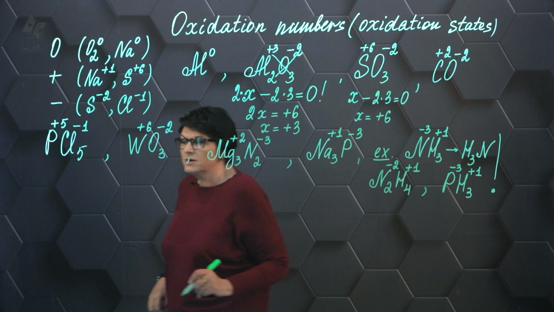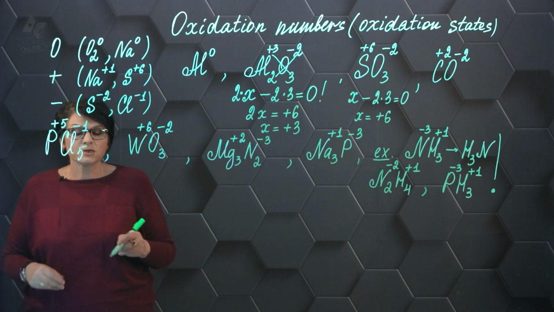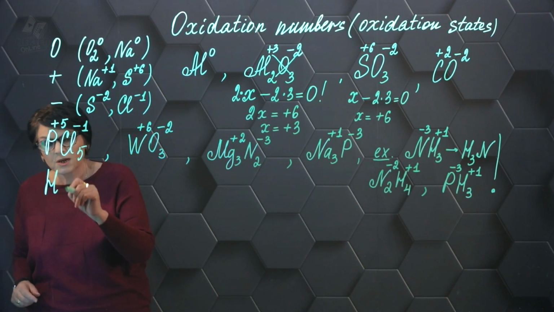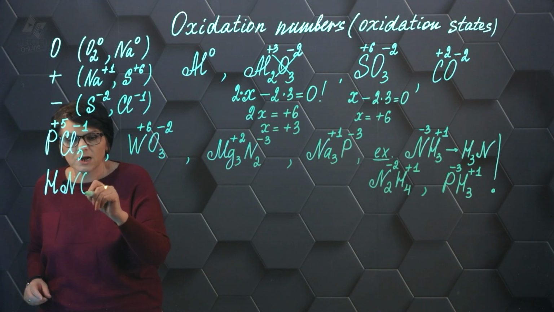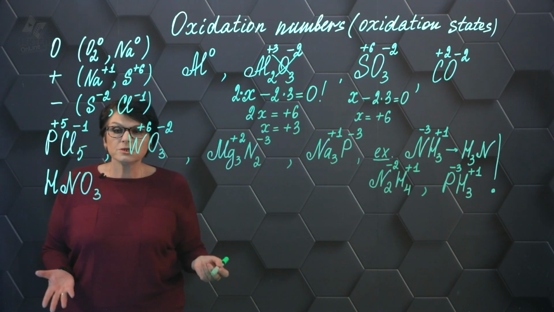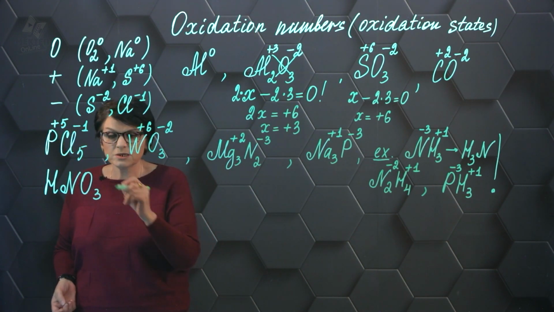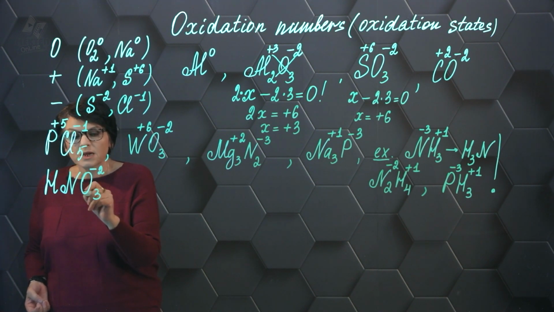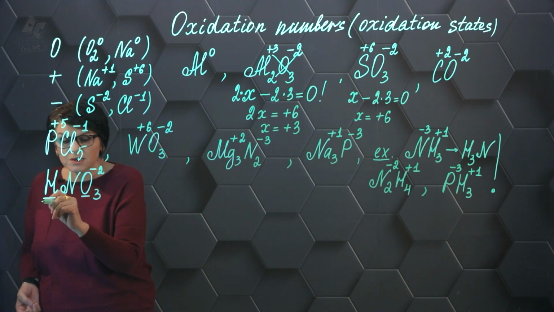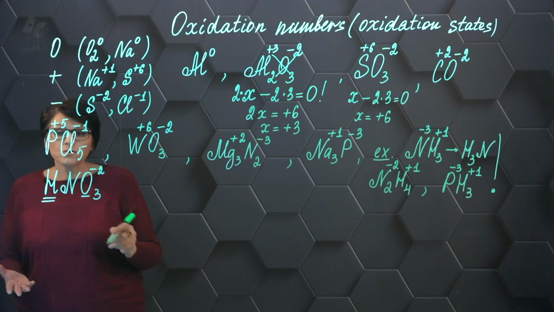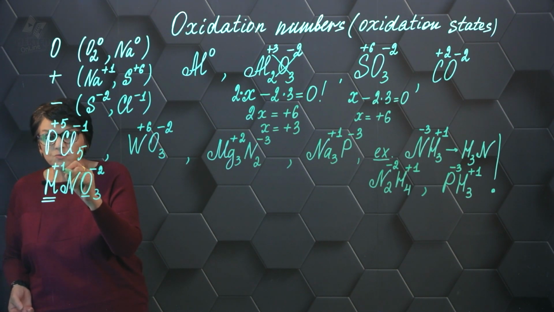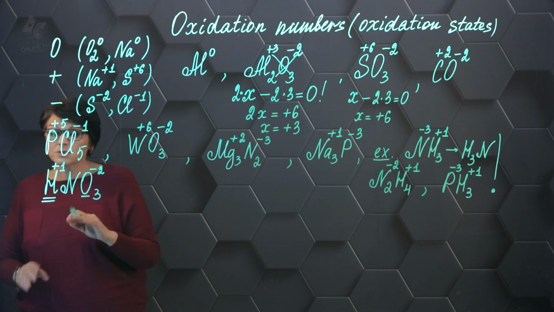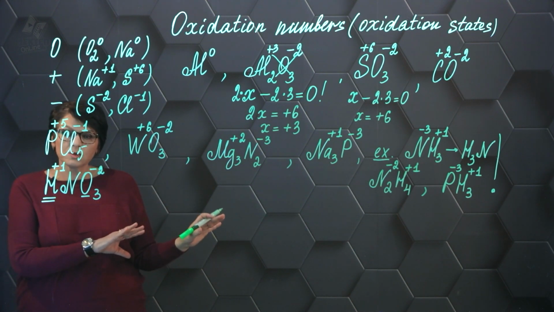Now, let's delve deeper into calculating oxidation states in more intricate examples. Let me explain this within the context of nitric acid's formula, HNO3. We approach the math in exactly the same manner as before, where oxygen carries a charge of -2. Then we take hydrogen, and it has +1, of course. And oxygen is the most electronegative, so it's in the last place.